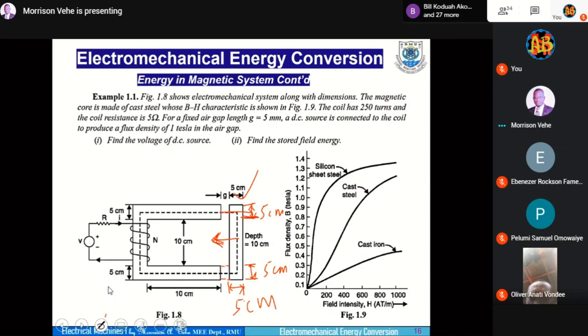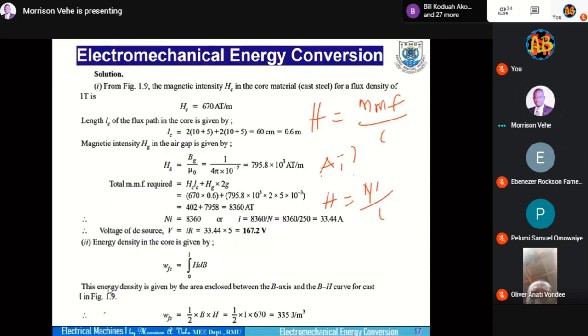In this case, we have to determine the total length of the core. By the dimensions, we are able to conclude that we'll be getting 0.6 meters, because when we sum everything, we get 60 centimeters.